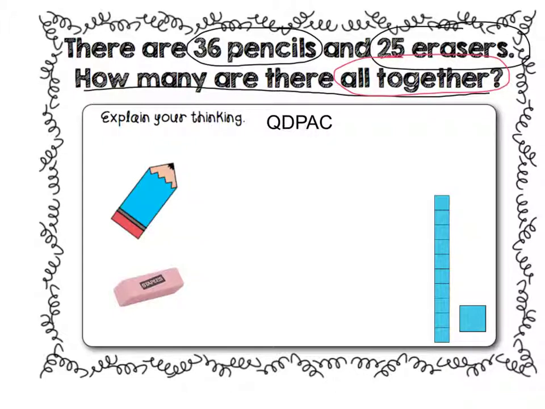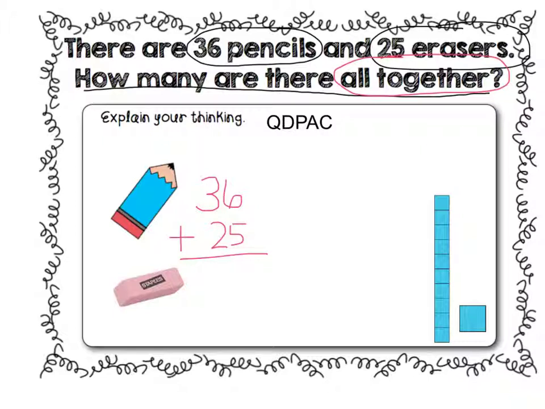So I know I'm going to add, so I'm going to write out my problem, which is 36 pencils plus 25 erasers. Now notice when I've written this problem that my numbers in the ones place are in a row and my numbers in my tens place are in a row.